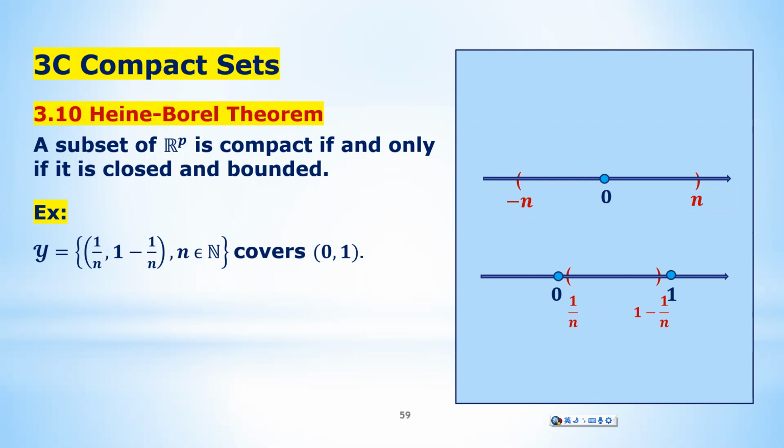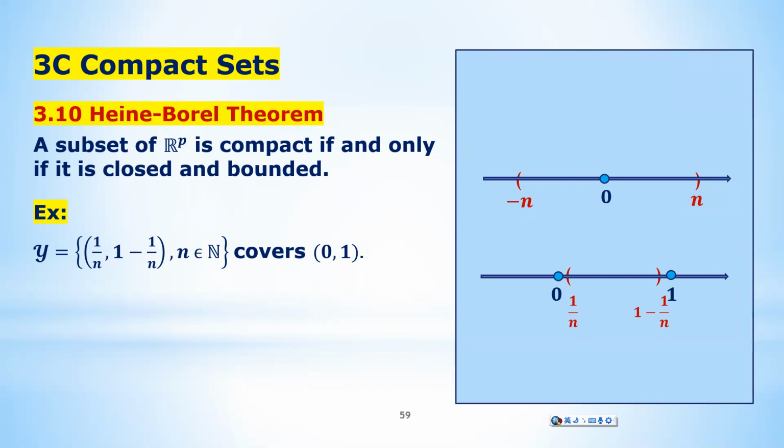Even though the union covers 0 to 1, you can see that a finite number of them cannot cover it, because you can stretch from the left side to the right side, and it must take an infinite number of n to cover from 0 to 1.